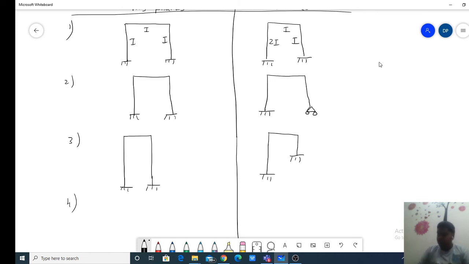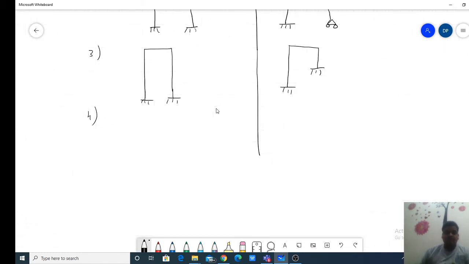Now the fourth example: if this is the given frame, and I am having a center point load, with L by 2 and L by 2, this also comes under non-sway frame.